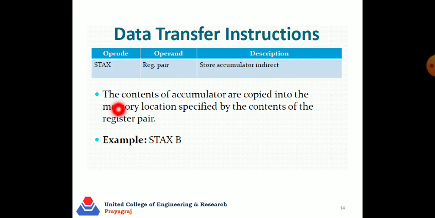So the content of the accumulator is copied into the memory location specified by the content of the register pair. One instruction is used to load the data from the memory location into the accumulator, and this one is used to store the data from the accumulator to the given memory location. So one instruction is used for a read operation, and this instruction is used for a write operation.